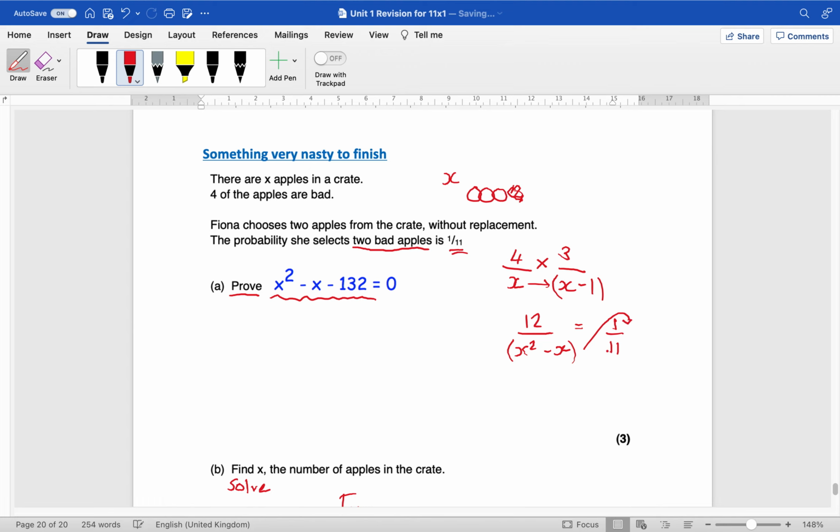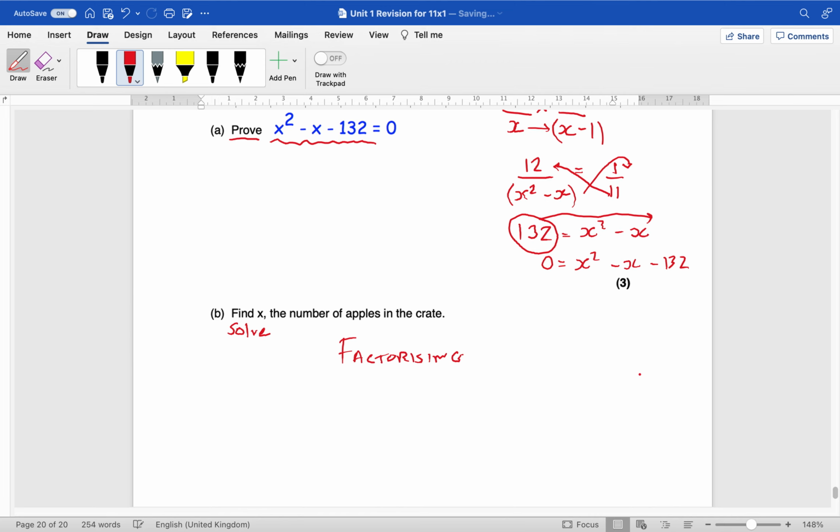But we've actually got a fraction the other side, so that 11 can go up there and times by that as well. So you get 132 equals x squared minus x, which is almost that. To make it that, if I took the 132 over that way, I'd end up with 0 equals x squared minus x minus 132. Then I get to solve, hurrah.